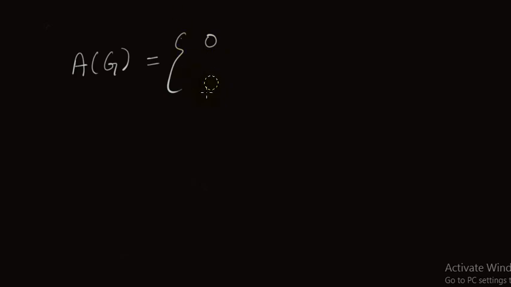If two vertices vi and vj are not adjacent, meaning there is no edge between vi and vj, then we choose 0 value.